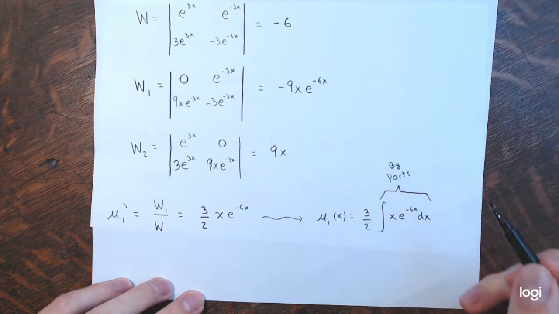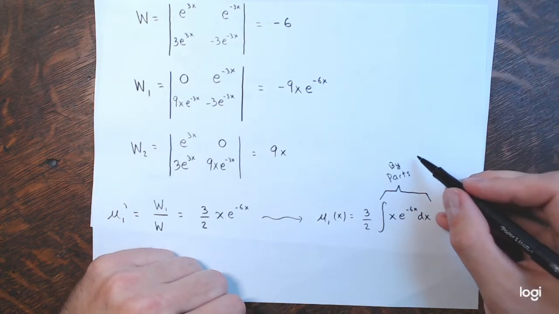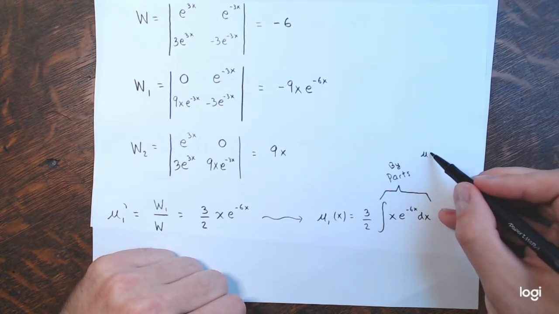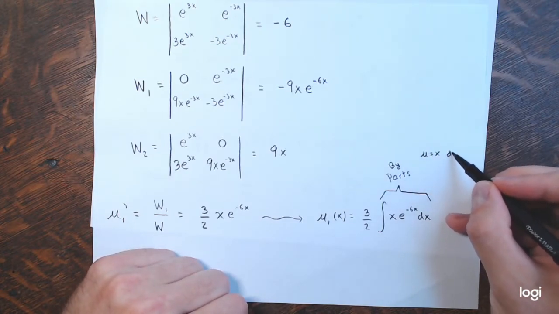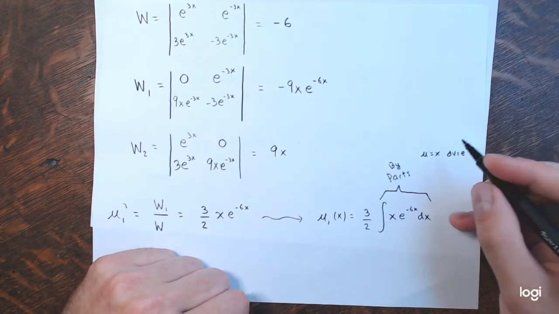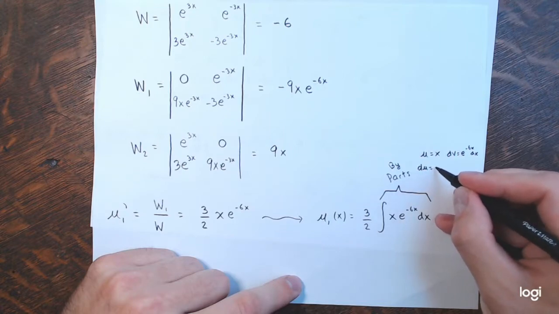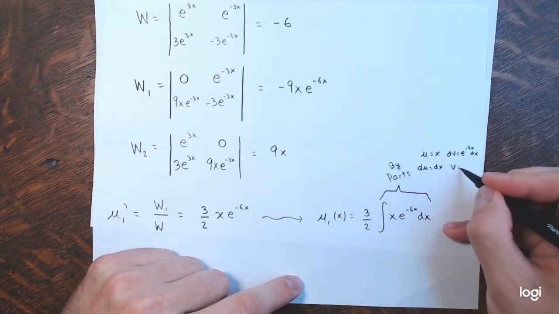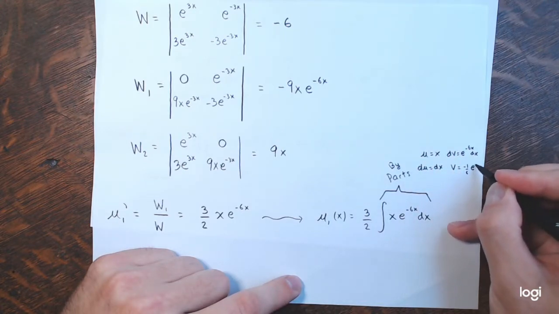Integrate by parts. Me personally, I would let u equal x and dv be e to the negative 6x dx. Then du would be just dx, and v would be negative 1/6 e to the negative 6x.